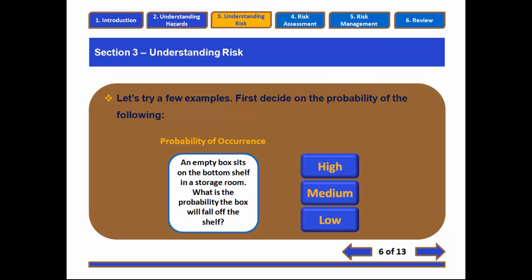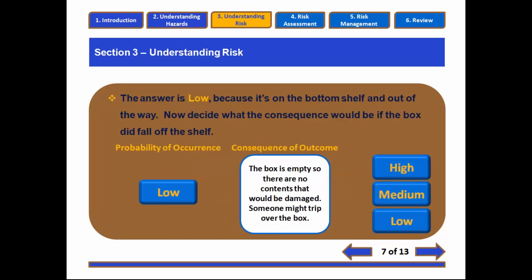Taking a riff off the unsecured load, let's think about an empty box on a shelf. Now, say the box is on the bottom shelf, pretty close to the floor. What's the probability that it's going to fall off the shelf? Well, probably pretty low because it's close to the floor. Now, what's the consequence of this empty box falling off this low shelf? Probably not a lot.